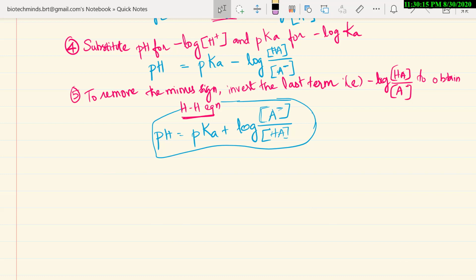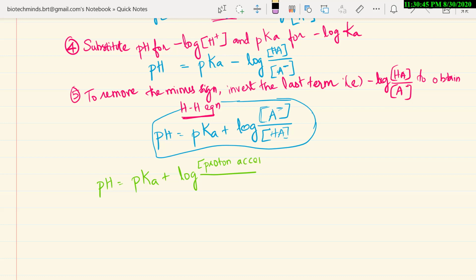Now this one can also be written theoretically as pH equal to pKa plus log of proton acceptor concentration.